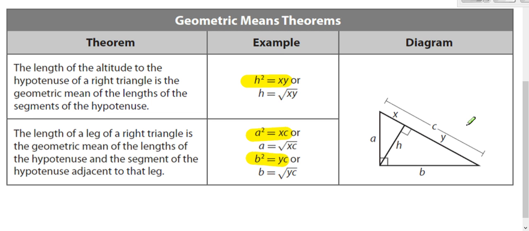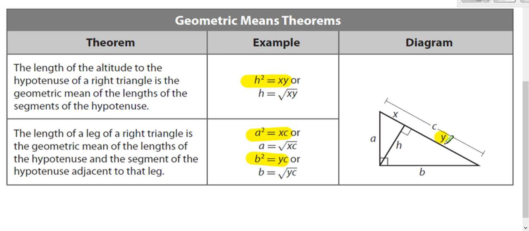So what you're looking at is, if you're trying to find h, you just multiply the 2 parts together. If you're trying to find a, you use the entire length with the side that's in a smaller triangle with it. And if you're trying to find b, you use the entire hypotenuse there with y because it's closest to it.